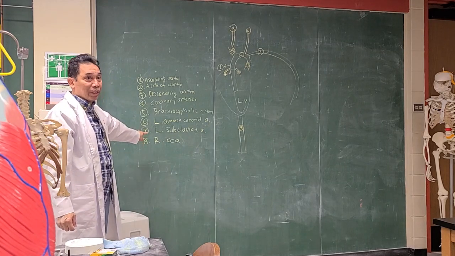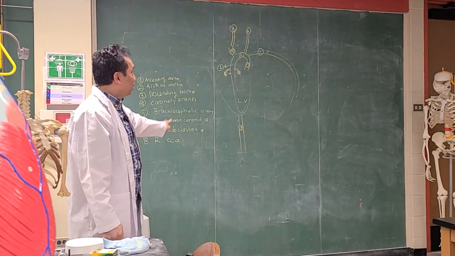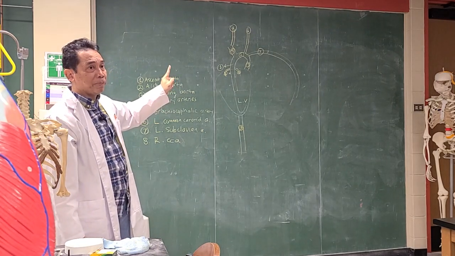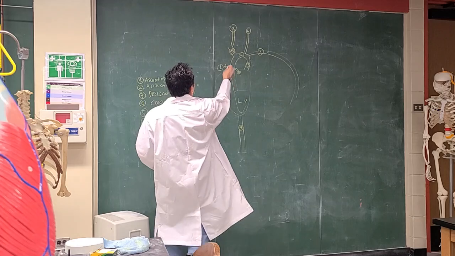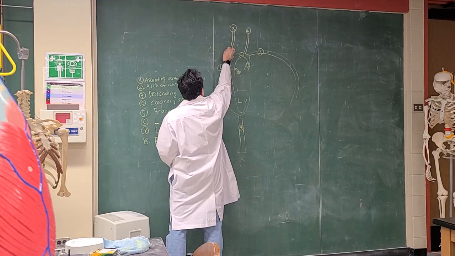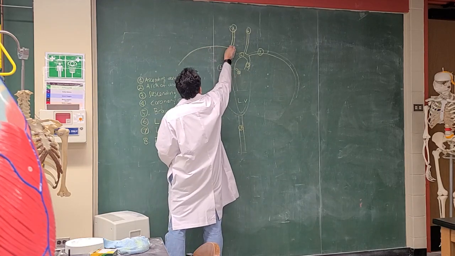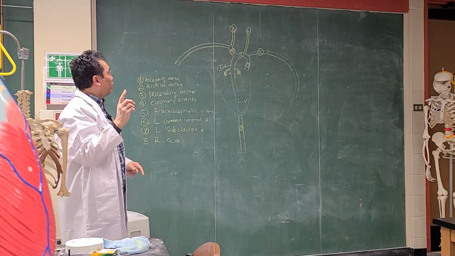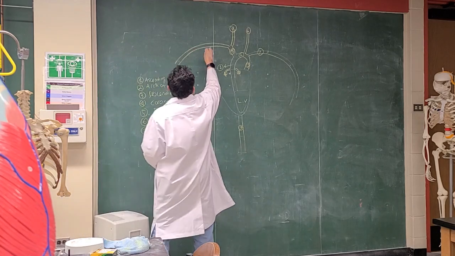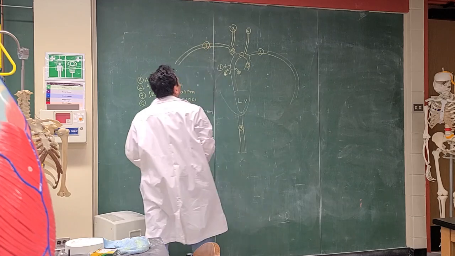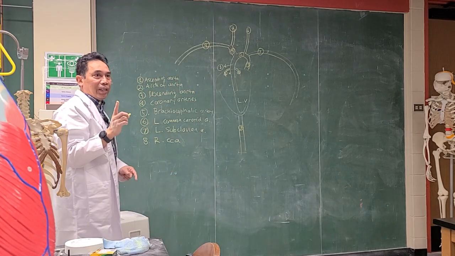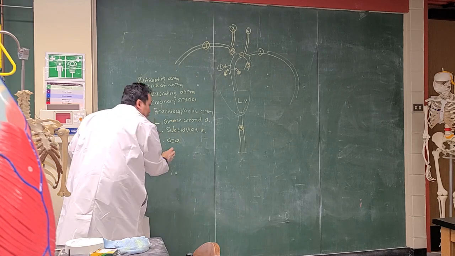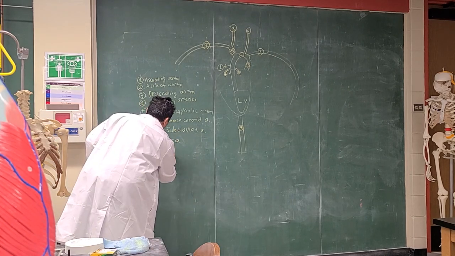It's the same, common carotid artery, left and right, but the right is coming from the brachiocephalic. Also branching from number 5, brachiocephalic, then going to the right of your wing, that's going to be number 9. This one is going to be the right subclavian artery.